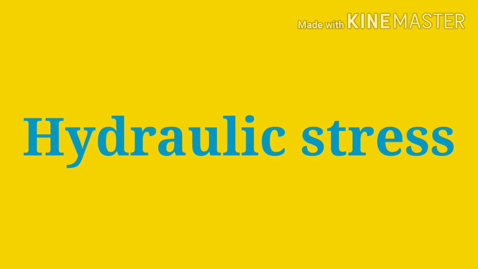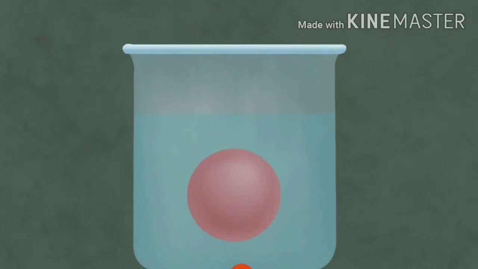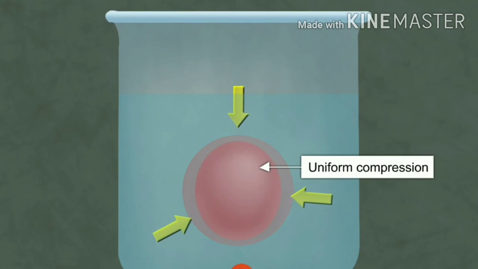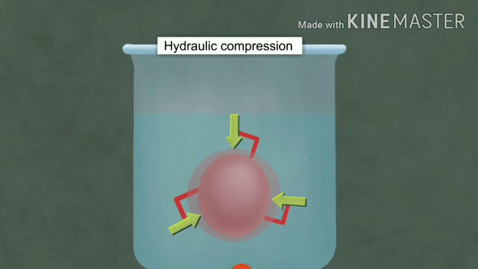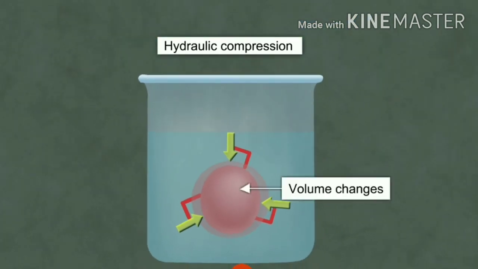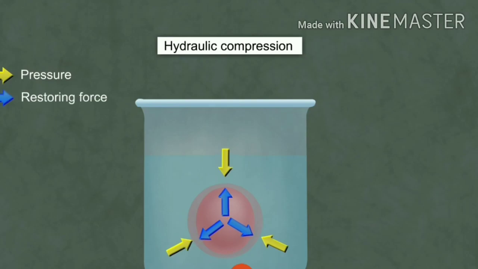The third one is hydraulic stress. Take a solid sphere and place it in a fluid. Under high pressure of the fluid, the ball is compressed uniformly in all directions. The applied force by the fluid is perpendicular to each point of the surface. This hydraulic compression changes the volume of the sphere, but there is no change in the geometrical shape.